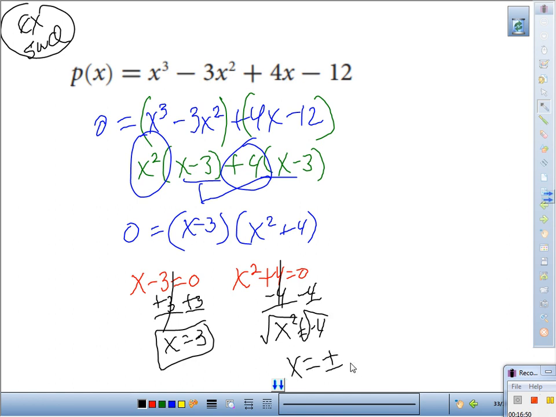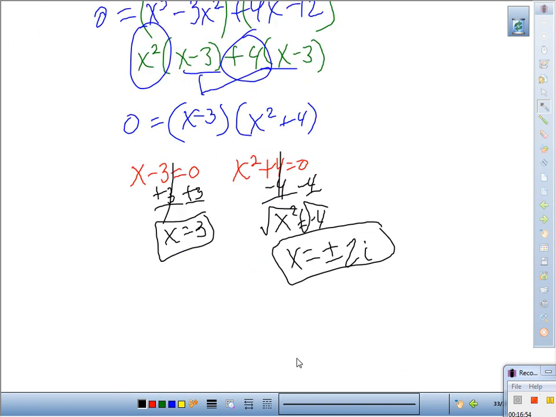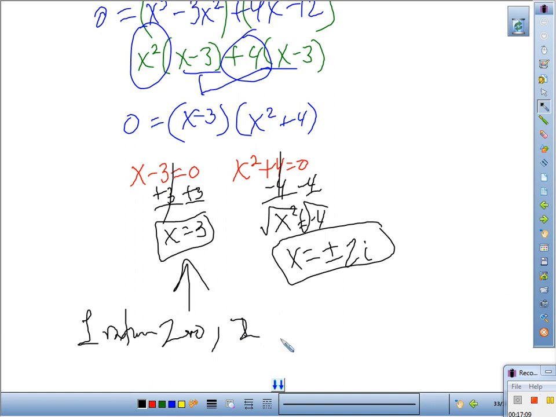Plus or minus what? 2i, that is correct. So, since we have a complex, can we graph this? No, so let's write 1 rational zero, comma, 2 complex zeros. And once again, explain to your neighbor why those are 2, please.